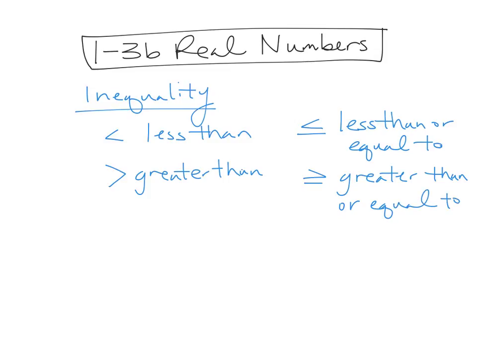Okay. So we're going to work with those symbols, putting things in order of what is less than something or what is greater than something or less than or equal to, greater than or equal to. Okay. So this is example 4 in the book.